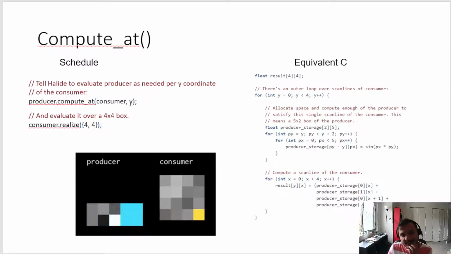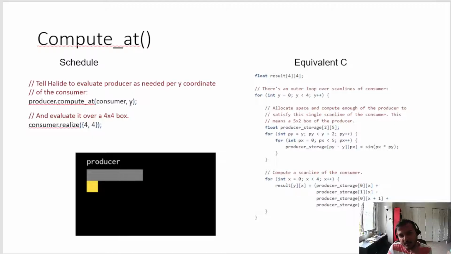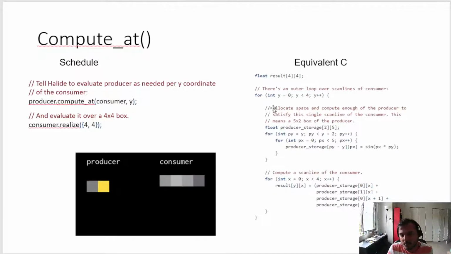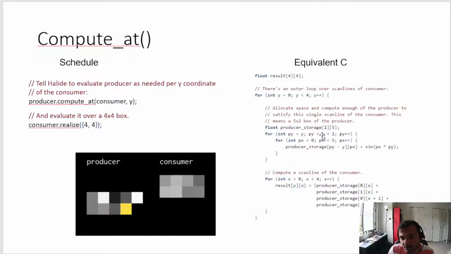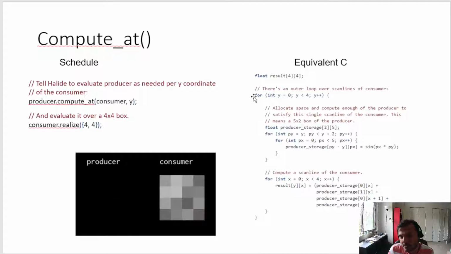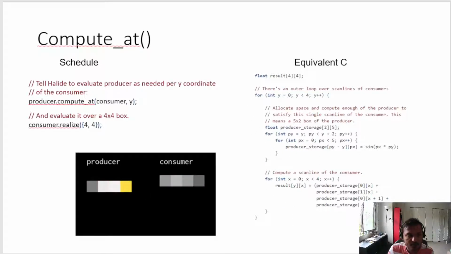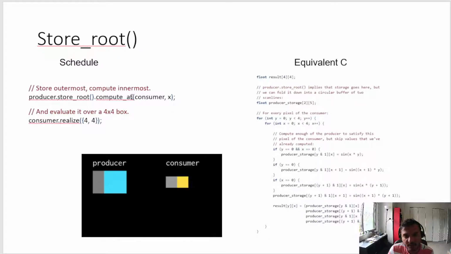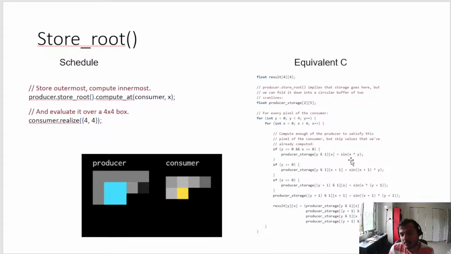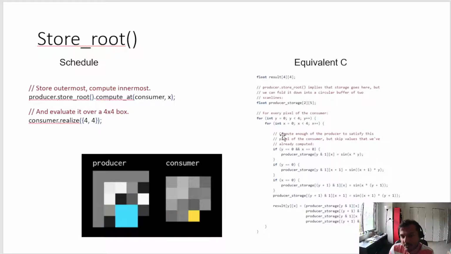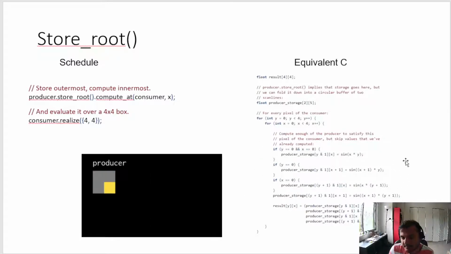So if I had compute at with y on the y-axis, what was happening is the producer storage occurs within the for loop of y, not in the for loop of x. So now here, when I had compute at x, the producing bit is also within x.